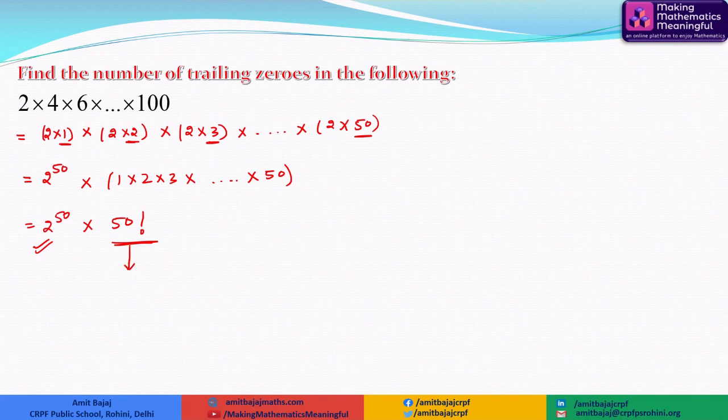So the method to count the number of 5's in this product goes like this: divided by 5, it's 10. Divide the quotient again by 5, it's 2. And next it's 2 by 5, where a decimal part comes. We reject that, and the required answer would be simply 12 zeros.